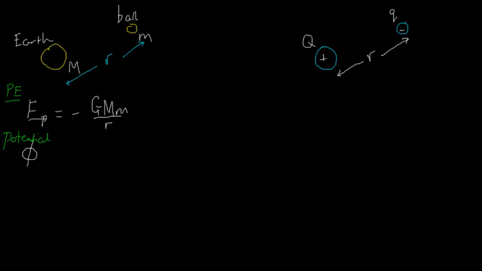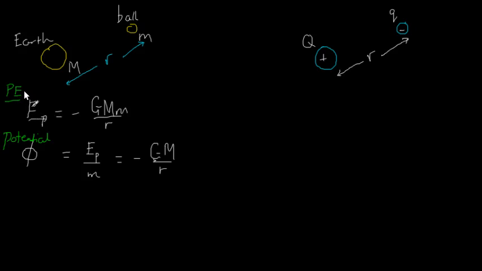The potential is defined by the potential energy divided by the mass, or the potential energy for a unit mass, for example, for 1 kilogram. And with that formula, the m and m cancel, and it's G M over R.